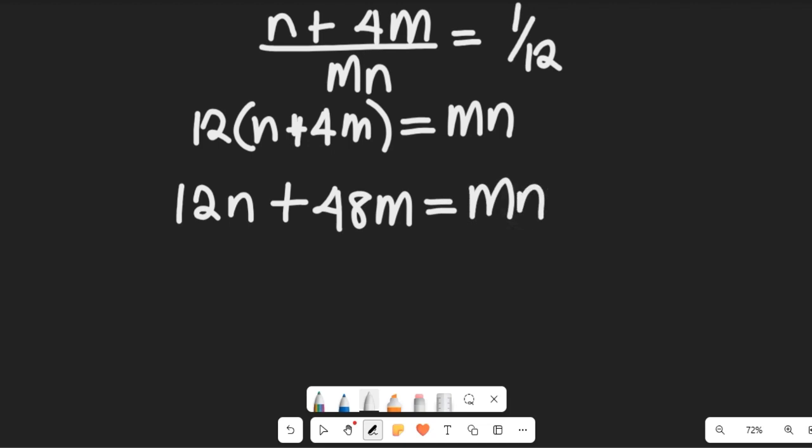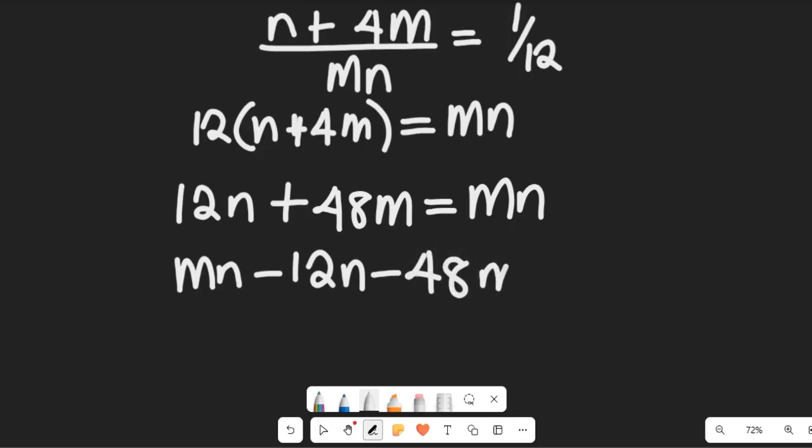So I'm going to take everything into one side, and then we'll have mn minus 12n minus 48m. All of these will be equal to 0.